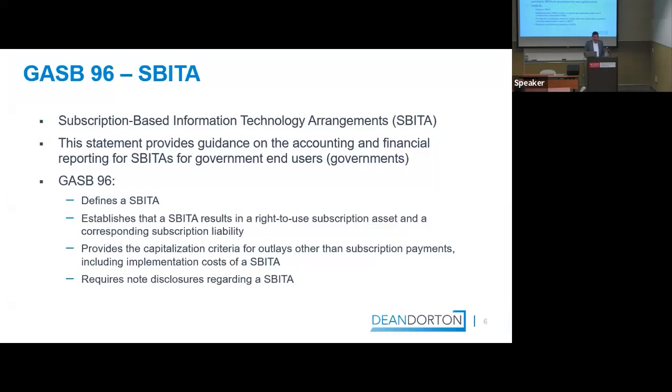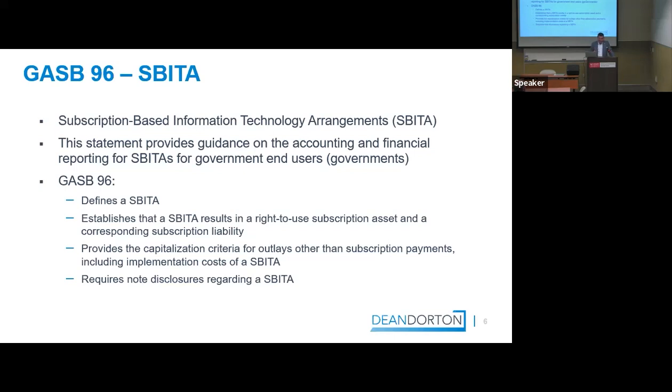So what does GASB 96 do to start? SPIDA is what you're going to hear it coined as, subscription-based IT arrangement. The purpose of this statement is to provide guidance on accounting and financial reporting for SPIDAs for government end users, public universities, and any GASB reporting entity. The statement defines what a SPIDA is.